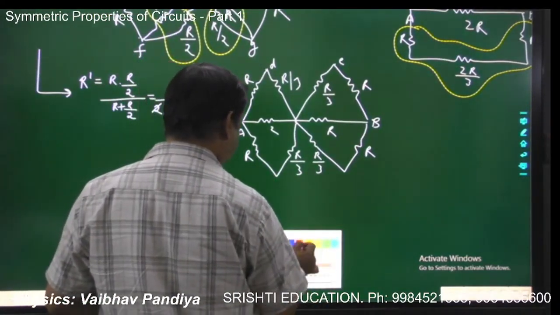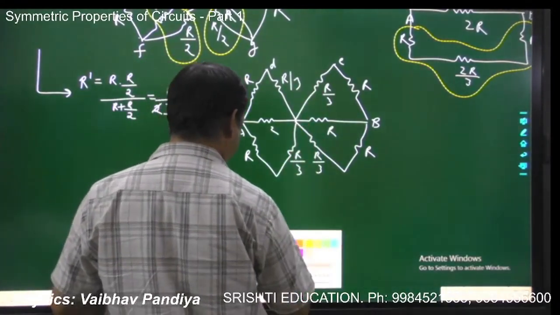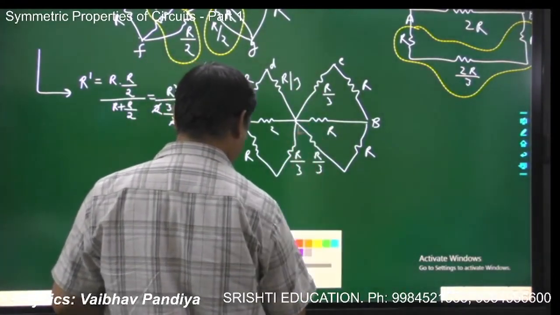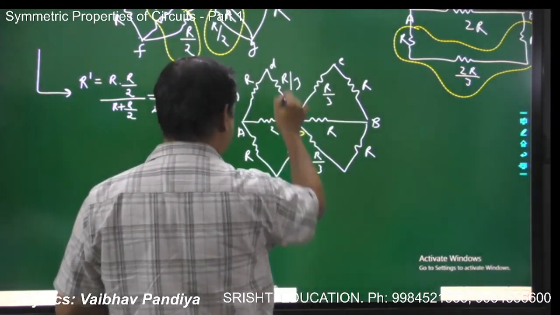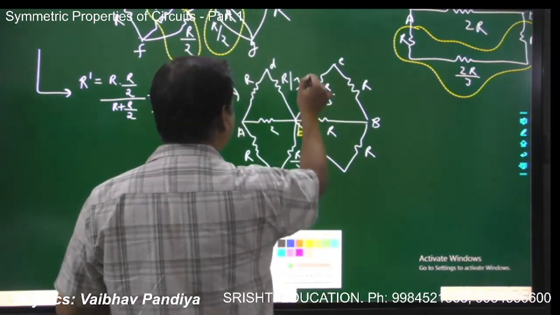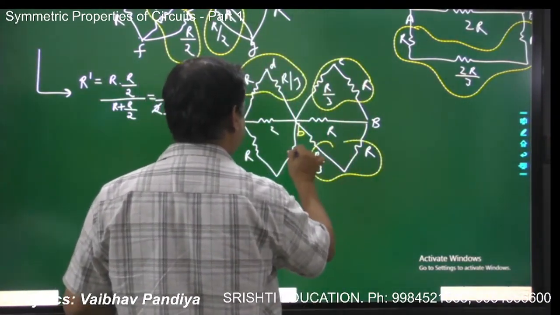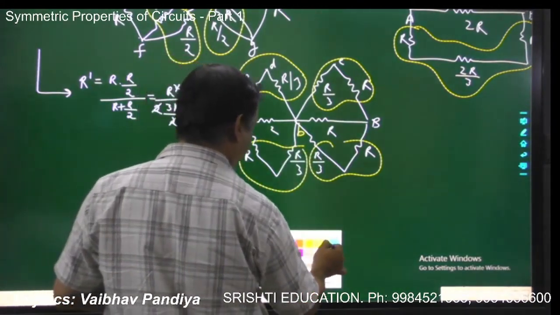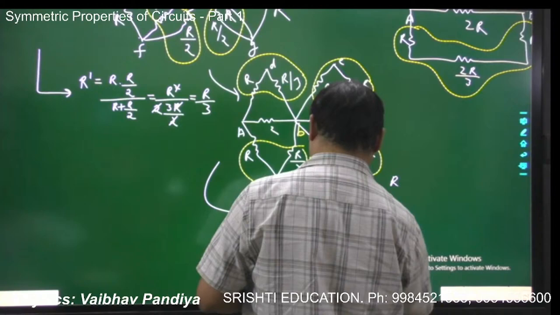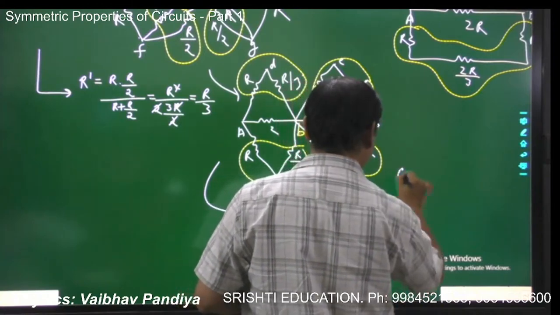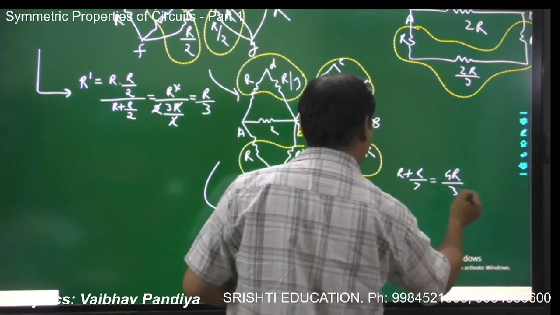So these two elements, if you see between point A and B, these two elements are connected in series, and so are these two elements, and same thing goes for these pairs, right? So R plus R by 3 is 4R by 3.